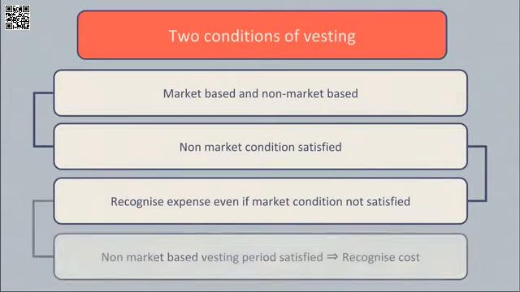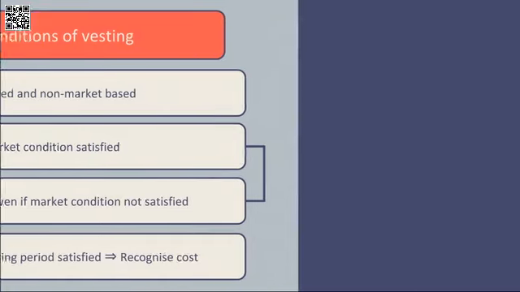So, for example, they must continue working with the company for 5 years and will receive share options when the share price has increased by 20%. Once the non-market-based vesting period is satisfied, the cost must be recognised, even if they don't satisfy the second market-based condition.